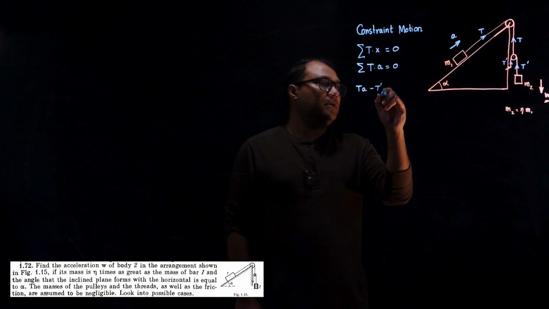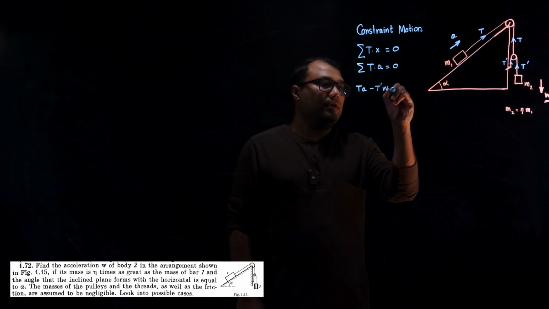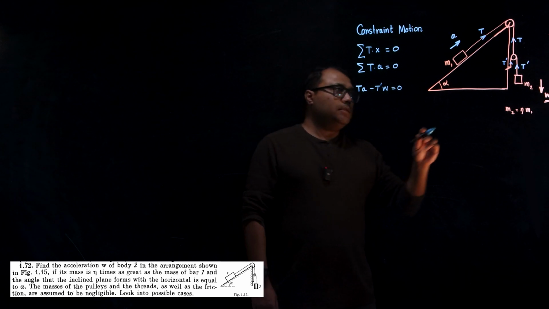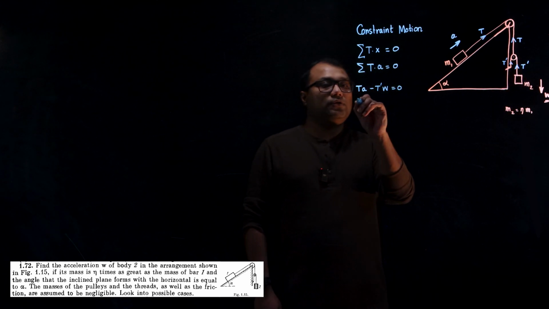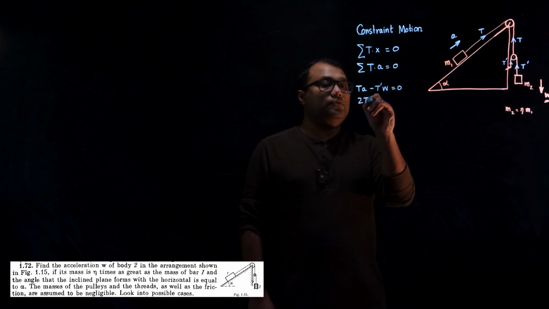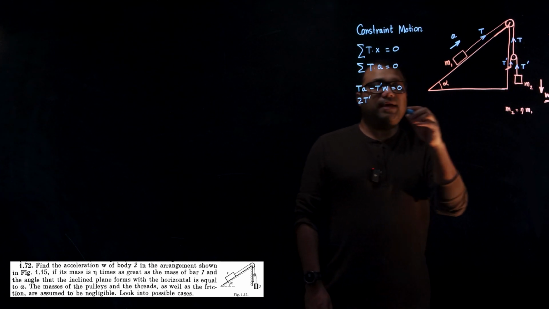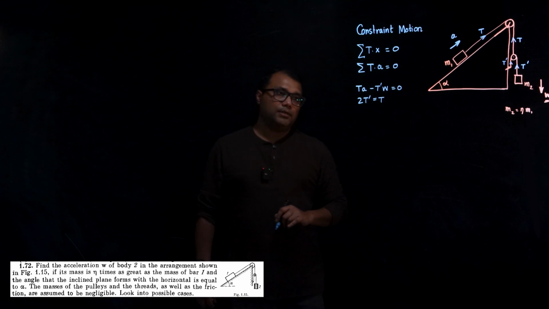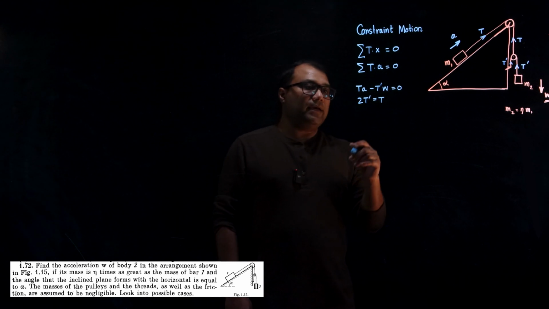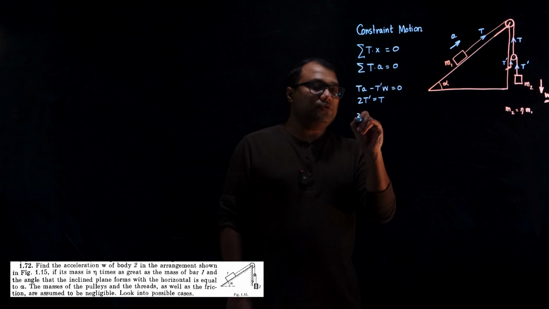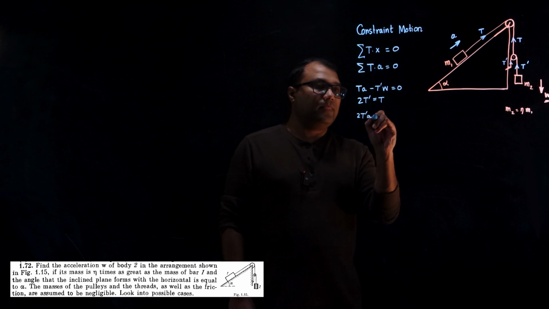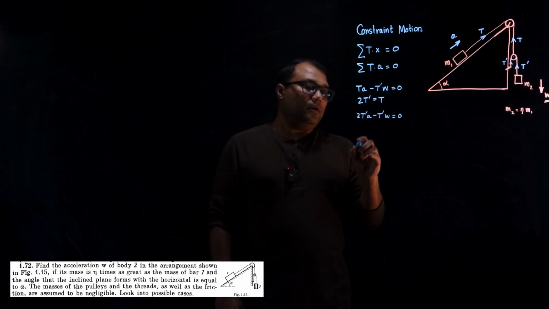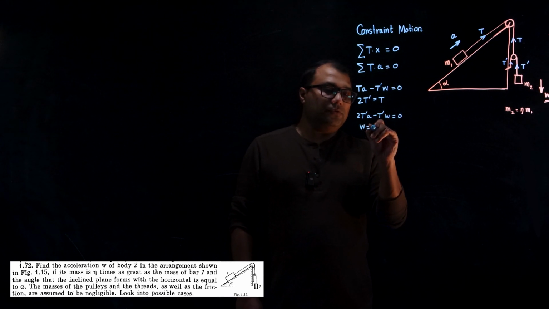So, T dashed W, and this should be equal to 0. Now, the other thing is here we can see 2T dashed is balanced by T. That's the relation between T and T dashed. So if I substitute that back here, this becomes 2T dashed A minus T dashed W equals 0, or W is equal to 2A.